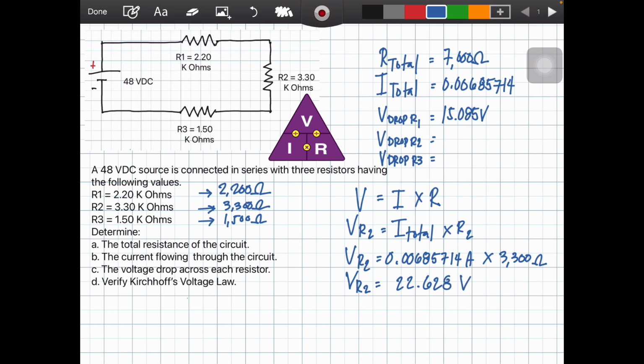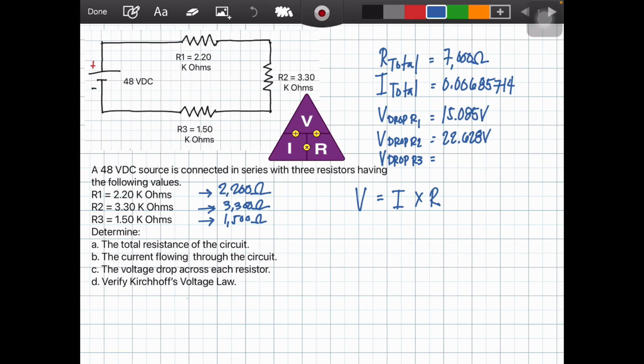volts. Now we have two voltage drops already. We have voltage drop R2. We are now going to compute for voltage drop R3. Following the same formula, it's a bit long to write, so let's use a shortcut.